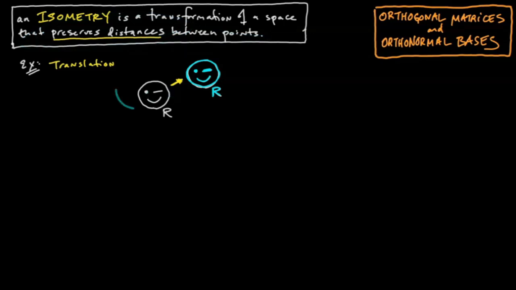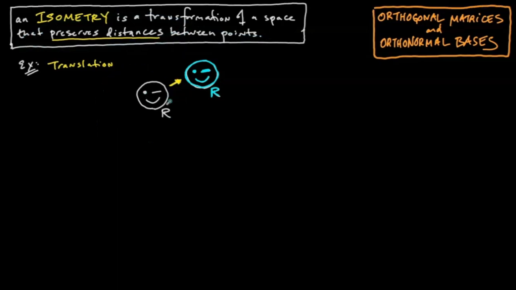Here, for example, in my original figure, the distance between the smiley face's open eye and this point on the letter R, that distance right there, is preserved in the image, that distance right here. Those distances are the same because a translation is a distance-preserving transformation. It is therefore an example of an isometry.